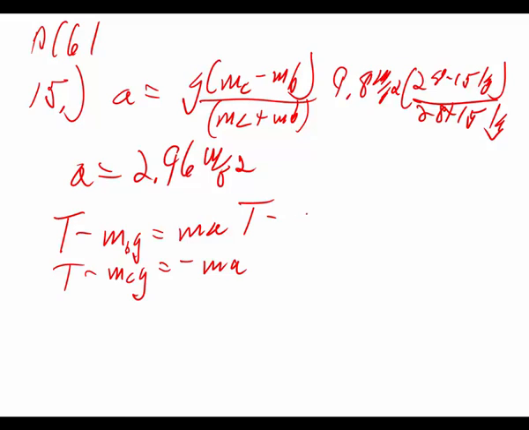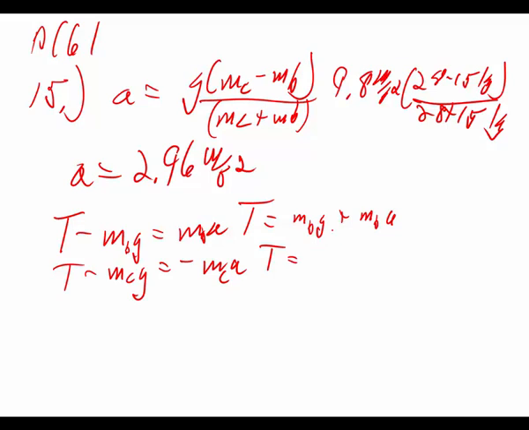All right, so we plug it in, and T is equal to what? MBG plus MA, and that's supposed to be a B and a C there, right? So plug everything in, and we get what?